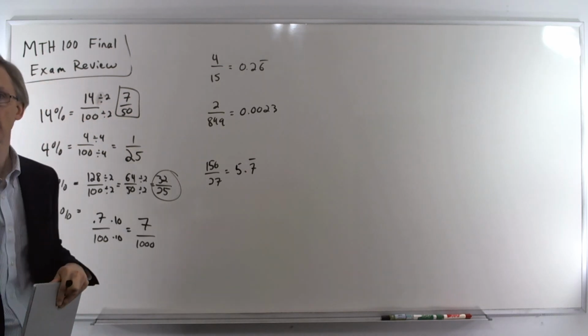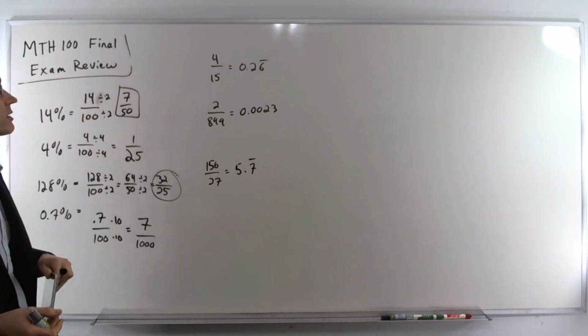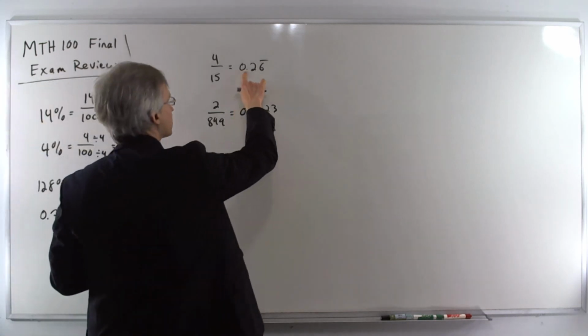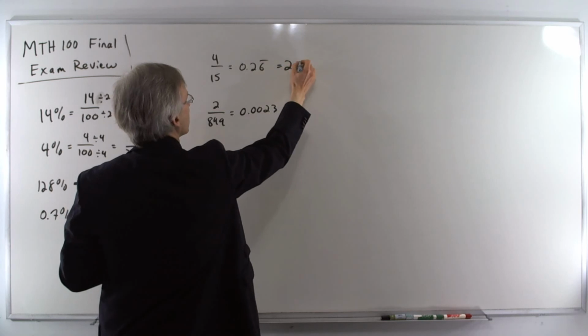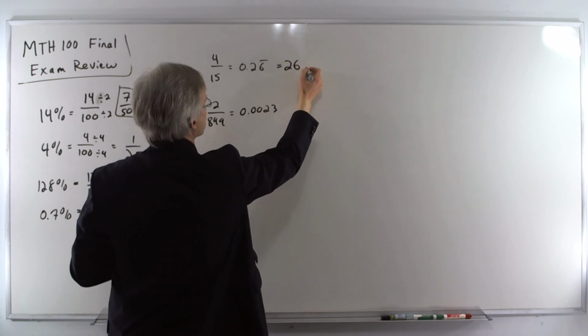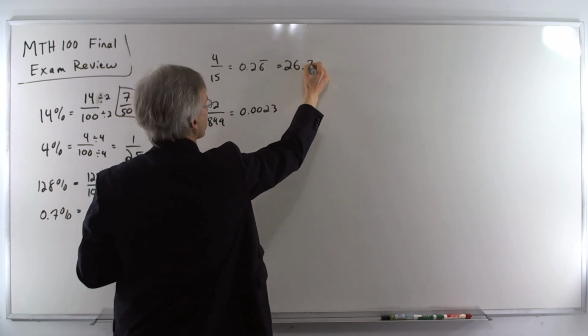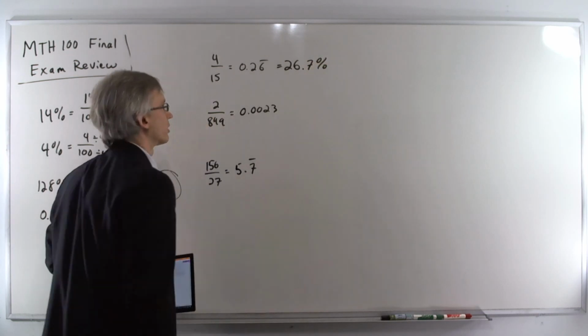Now the next step then, we'll eventually want to get to a percent. So now we're going to take this decimal point and move it 2 to the right. And since it's a repeating decimal, I guess I'll just round to a tenth and say 26.7%.